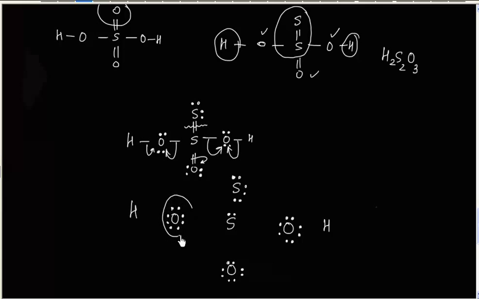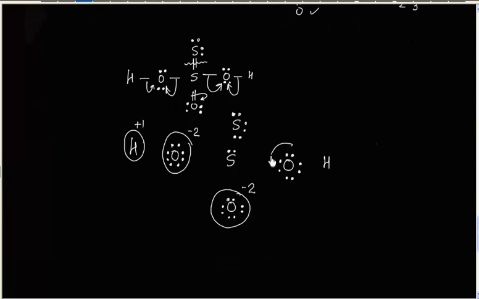Oxygen has 2 extra electrons, minus 2. Hydrogen has 1 loss of electron, plus 1. This oxygen has 2 extra electrons, minus 2. This oxygen has 2 extra electrons, minus 2. Hydrogen plus 1.